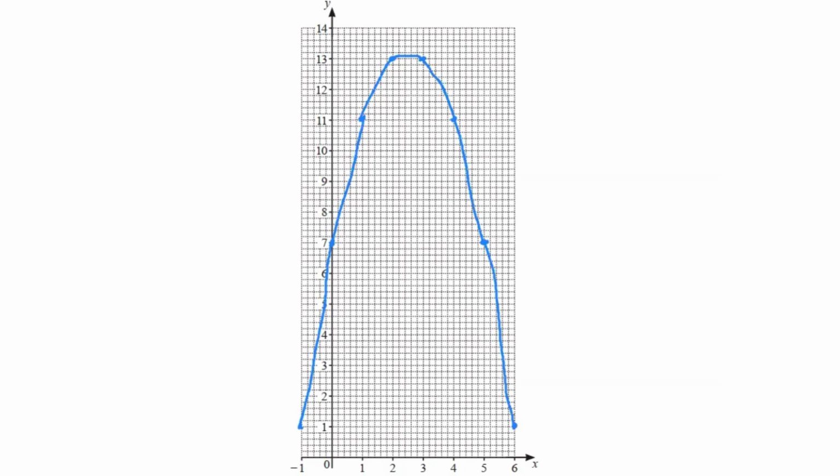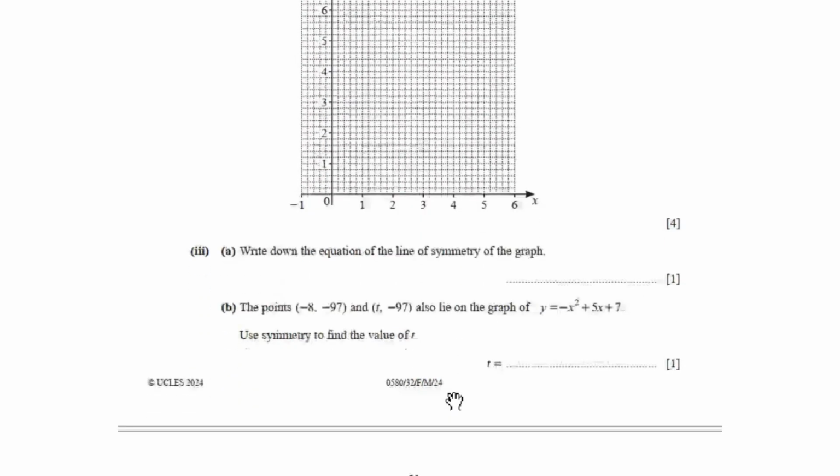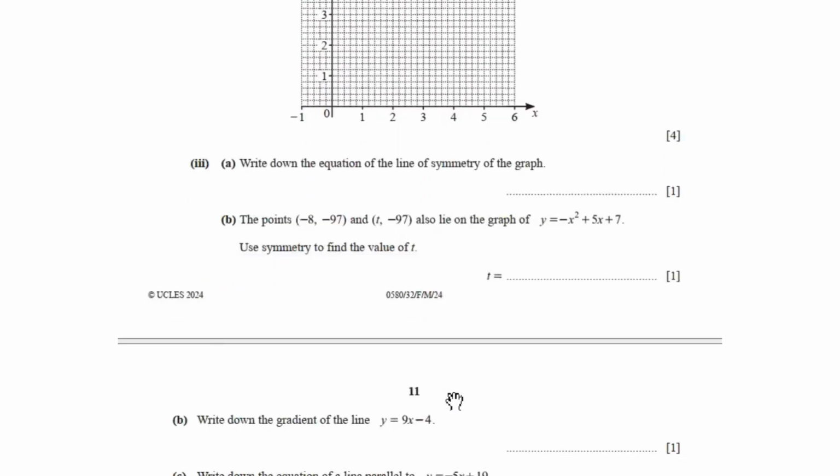Then in the next part, it's saying write down the equation of the line of symmetry of this graph, and then the points -8, -97, and t, -97 also lie on the graph. Use the symmetry to find the value of t.